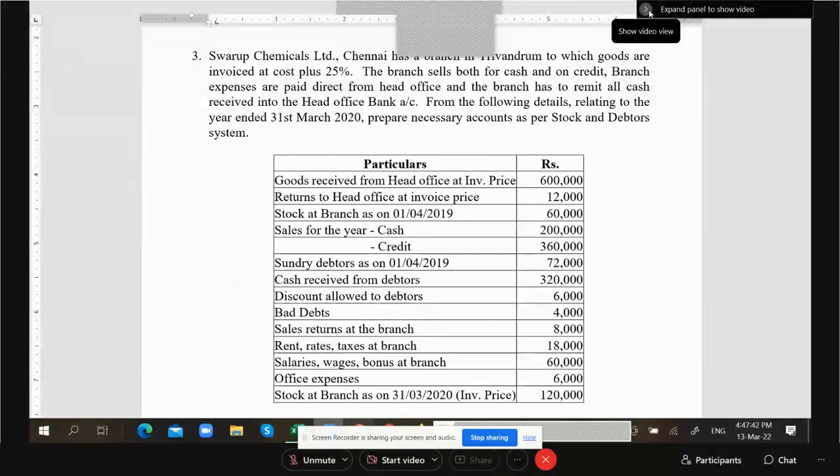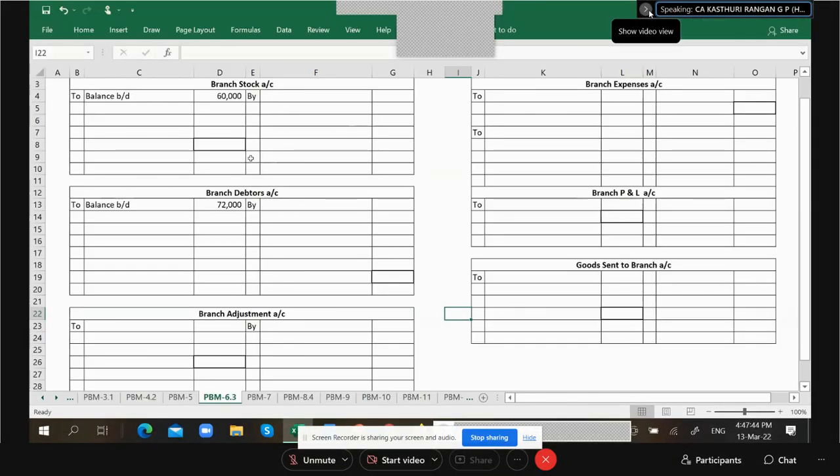Yes, closing stock is also given. 1,20,000. So by balance carried down 1,20,000. But closing debtor is not given in the problem. You have to find out. That will be the balancing figure. We need not prepare branch cash account in this problem because there is no requirement for that.